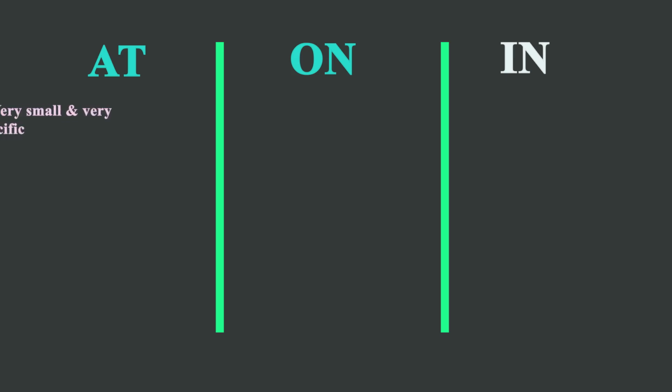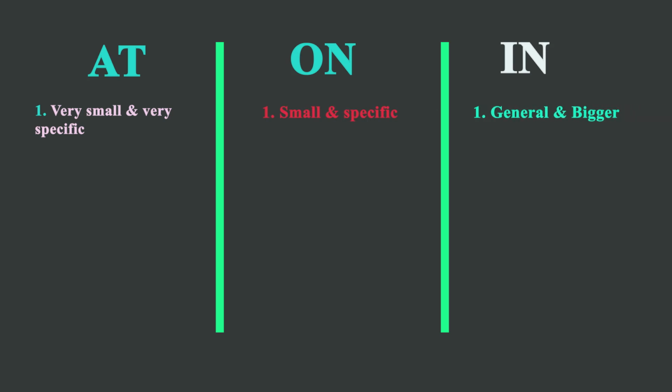So we will try to understand with a comparison table to have a clear idea for time. At we use for very small and very specific cases. On we use for small and specific cases, and in for general and bigger.